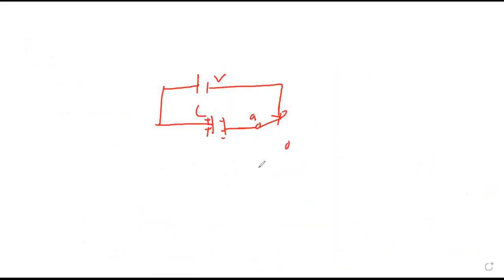When this is disconnected and connected to position B, and this is inductor L, तो ये चार्ज किसको मिलेगा? इंडक्टर को मिलेगा ना पूरा ऐसे. So that means it will keep on discharging and that charge will come like this as shown here.